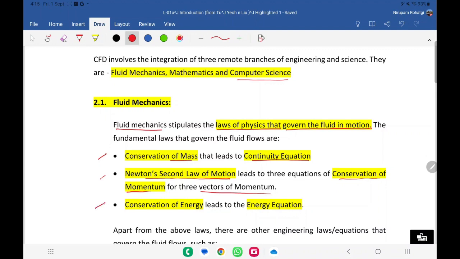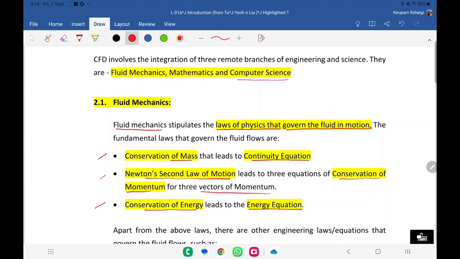Then you have one more law, that is conservation of energy, which gives you the energy equation. Again here also, because our fluid motion will not involve nuclear reactions, we can easily use the conservation of energy equation.